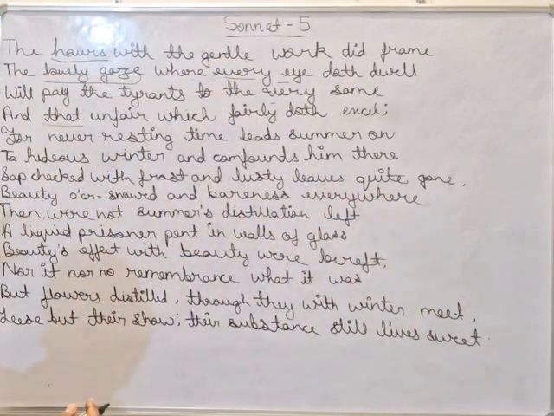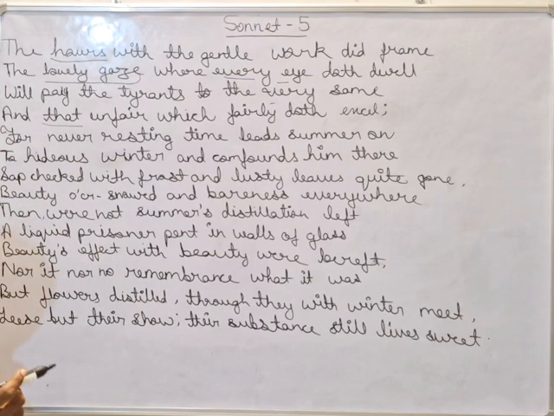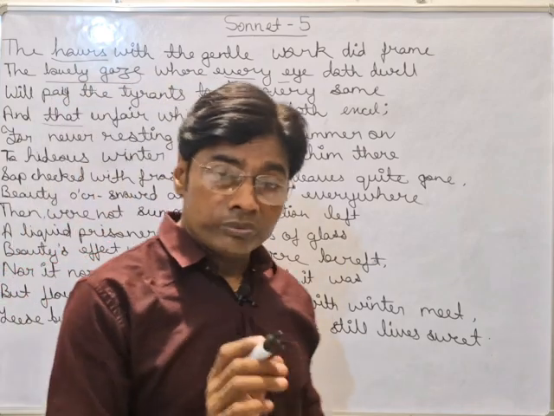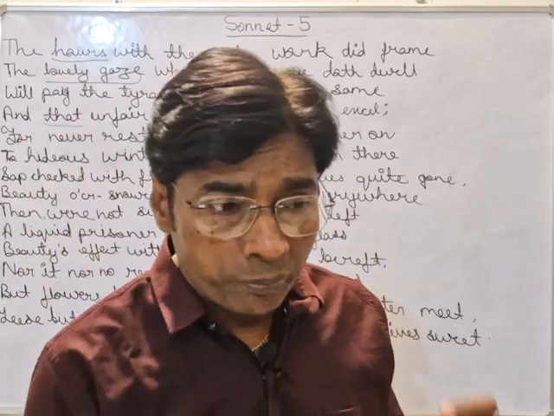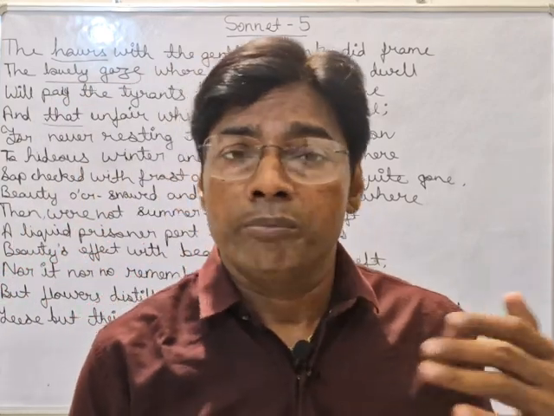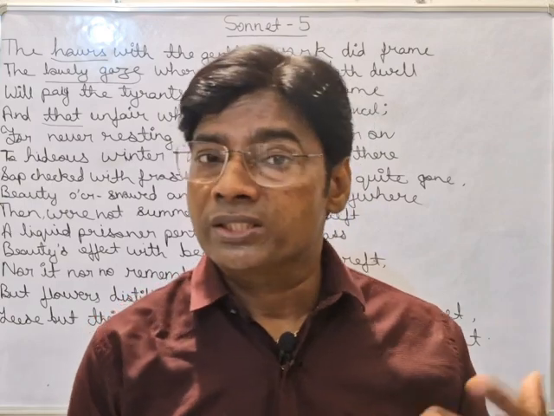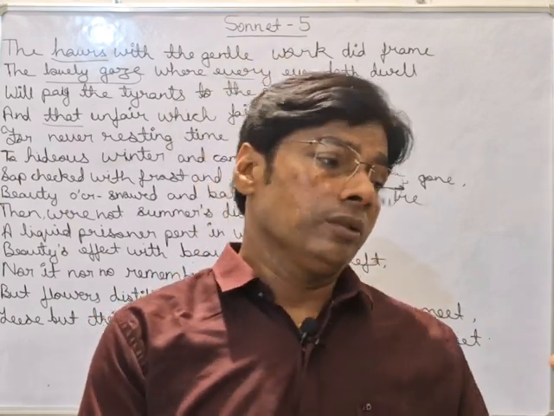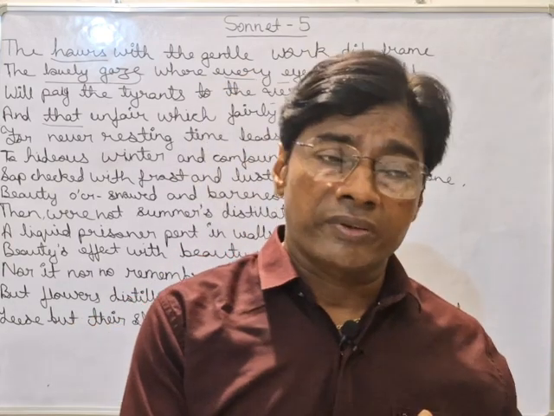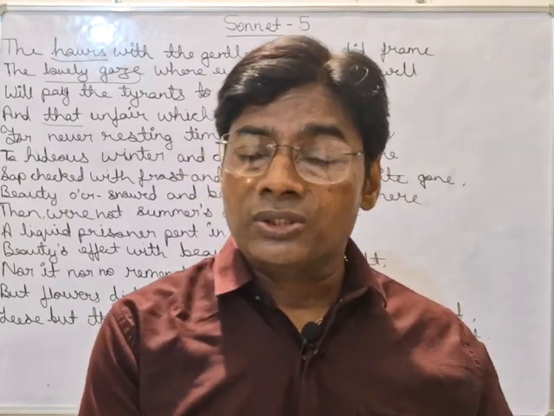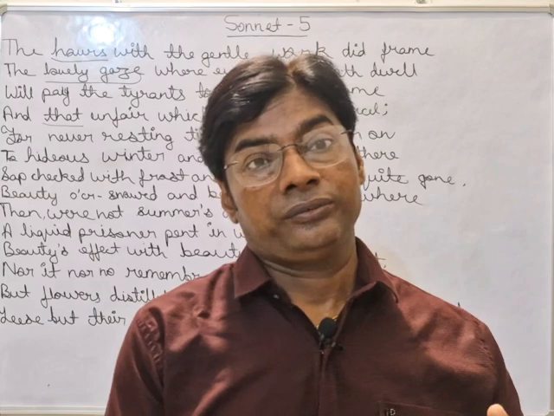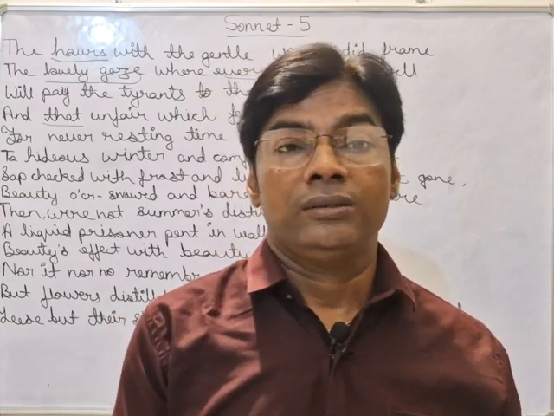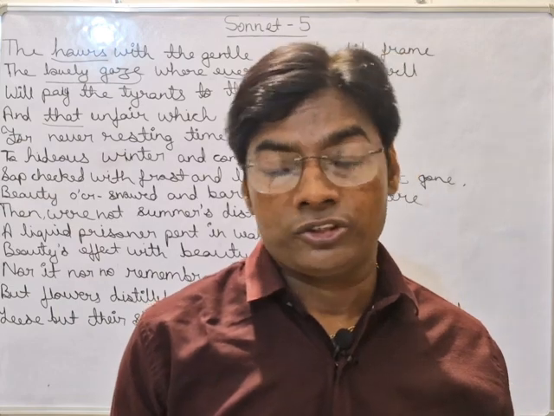Now let's look at the second quatrain of this beautiful sonnet, in which Shakespeare is trying to compare the different human stages with the different seasons of nature, like for example summer, the young age, the youth age.